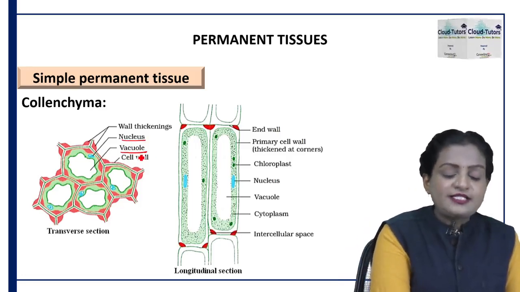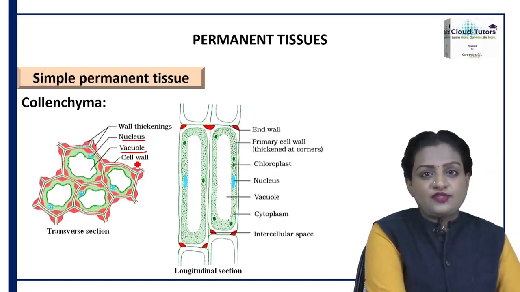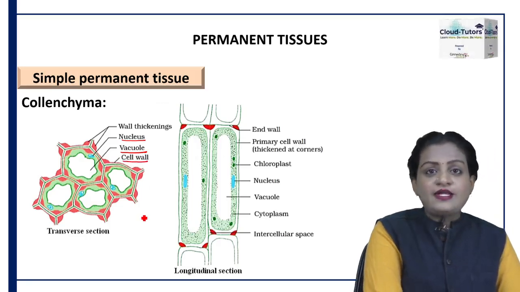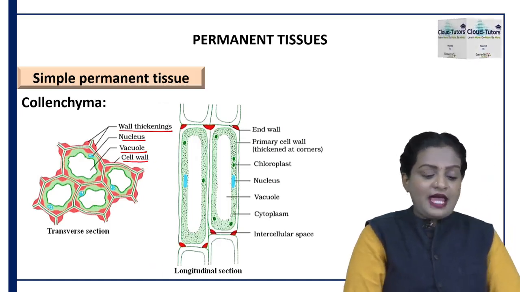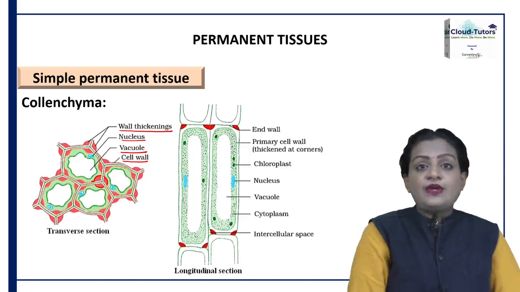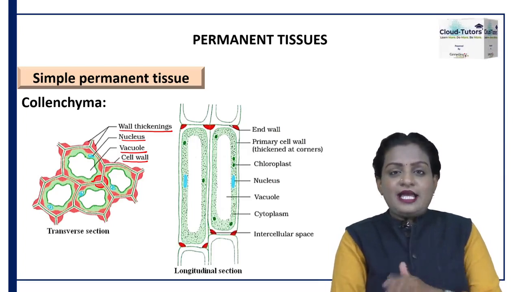You can see nucleus, cytoplasm is pushed to one end because of the large central vacuole. Cell wall is present and thin throughout except for the angles, where it is thick. So these angles are thick compared to the cell wall present elsewhere.